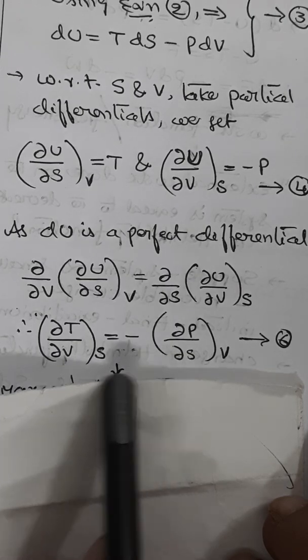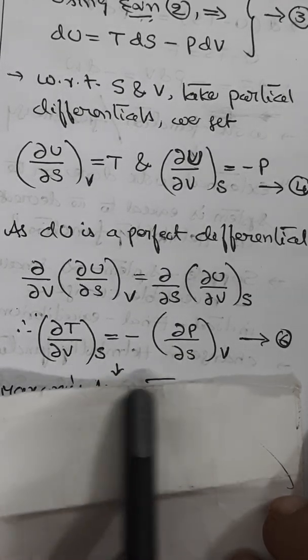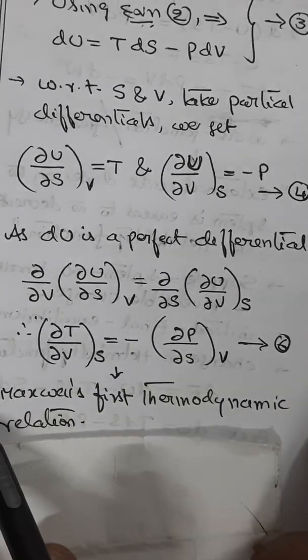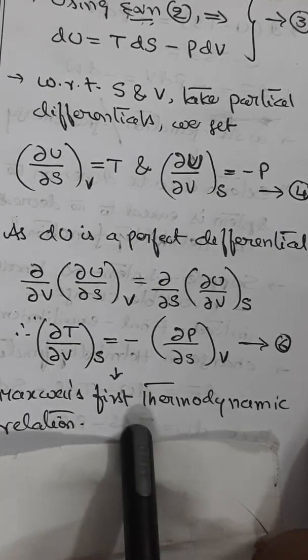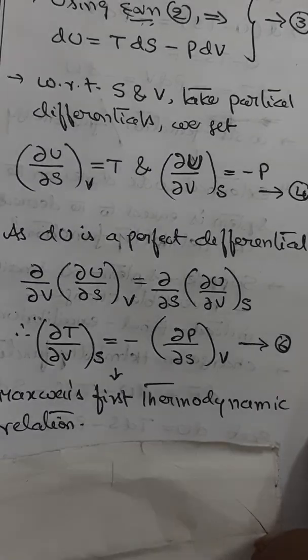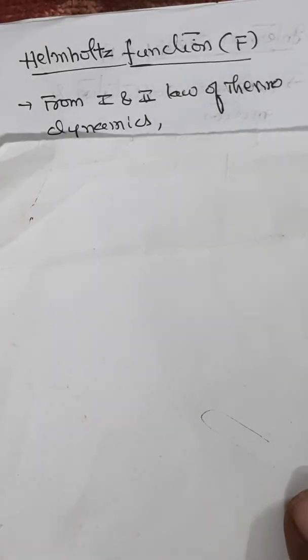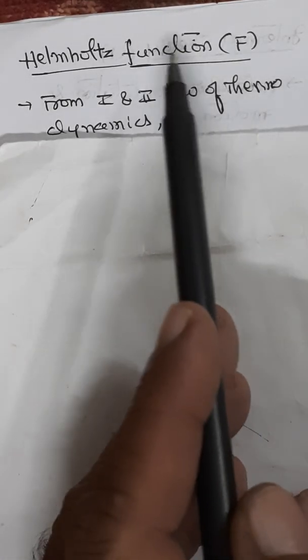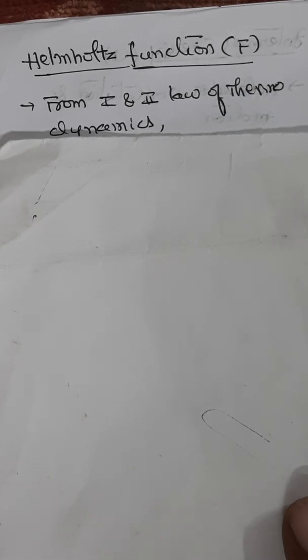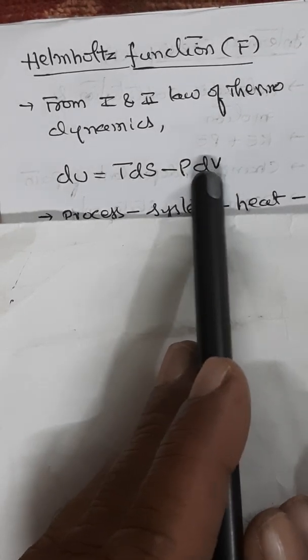Now, this is nothing but Maxwell's first thermodynamical relation. Now, let us look at yet another thermodynamical potential, the Helmholtz function, which is represented as F. From the first and second law of thermodynamics, we can write dU as TdS minus PdV.